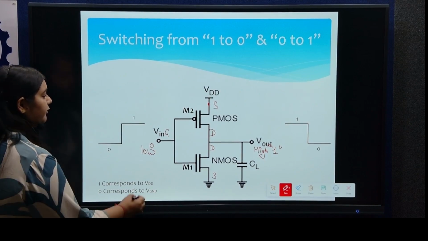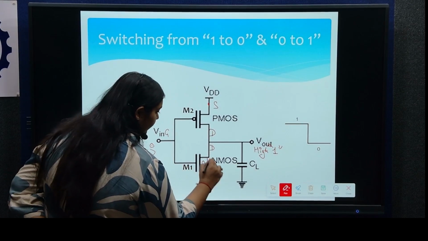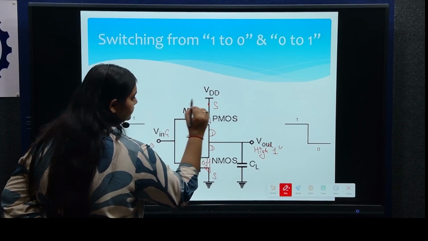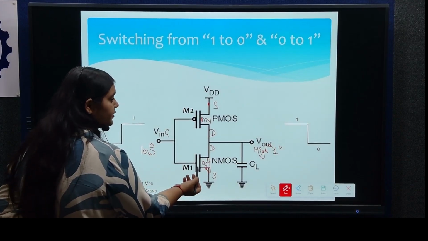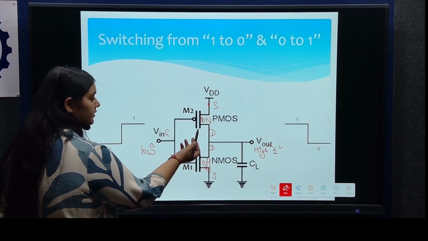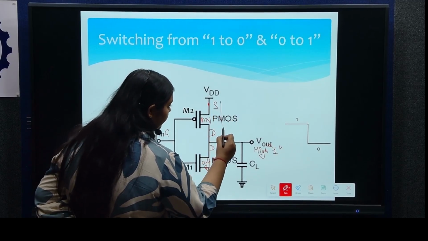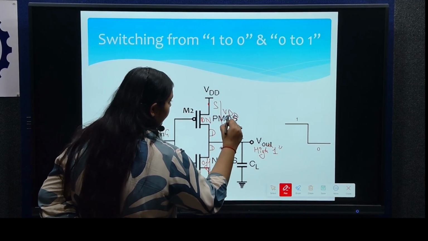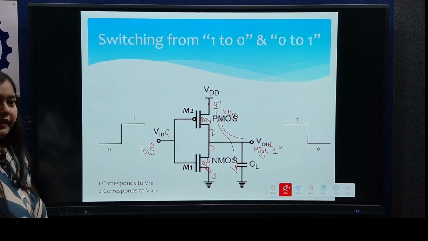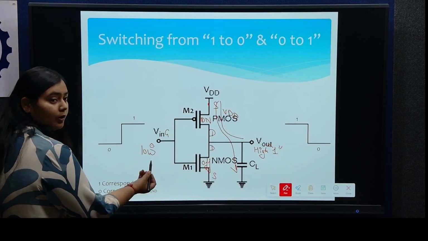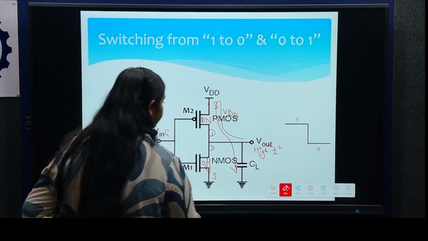What does it mean? When we apply input 0, the NMOS will be off and the PMOS will be on. When NMOS is off, it behaves like an open switch and PMOS behaves like a closed switch. So at the output we will get VDD and the device will be charged. The capacitor will be charged up to VDD in case of low input. Similarly, in case of high input.